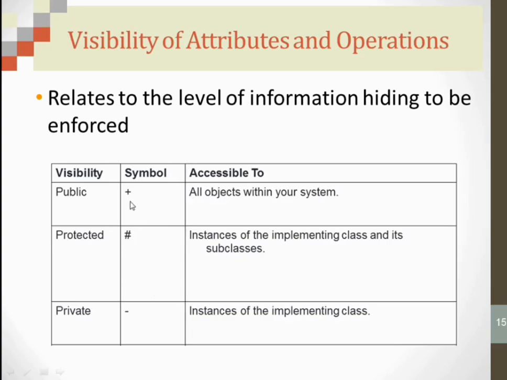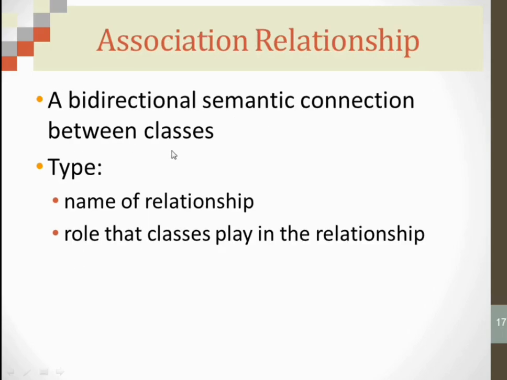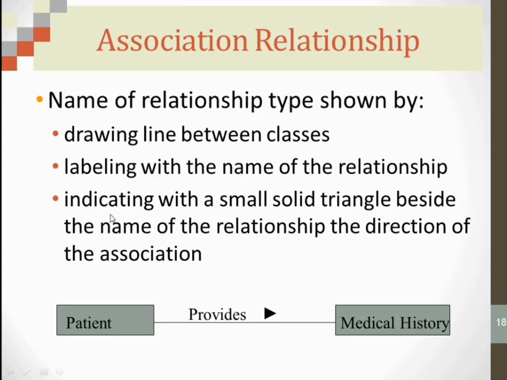The visibility is the level of access of the properties and methods: is it public, protected, or private? As for the relations, we have many types, but the three main relations are association, generalization, and aggregation. Each one has some information or profile.